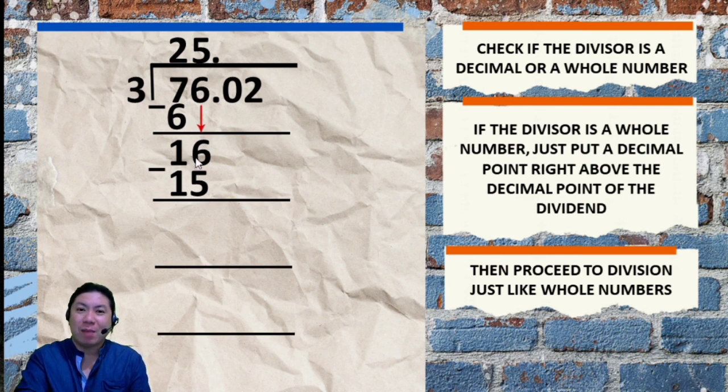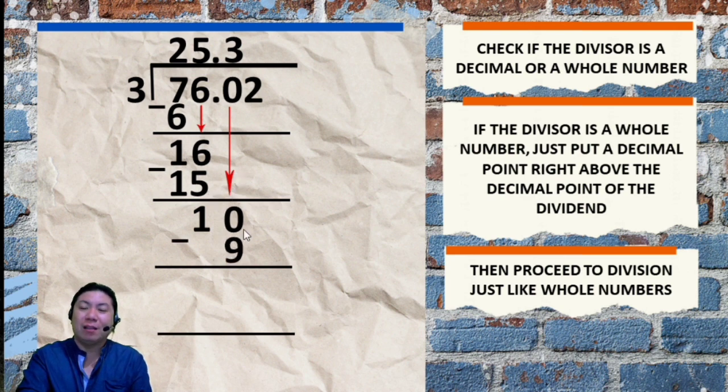Then 16 minus 15 is 1. Bring down 0. Now we have 10. 10 divided by 3 is 3. Then 3 times 3 is 9.